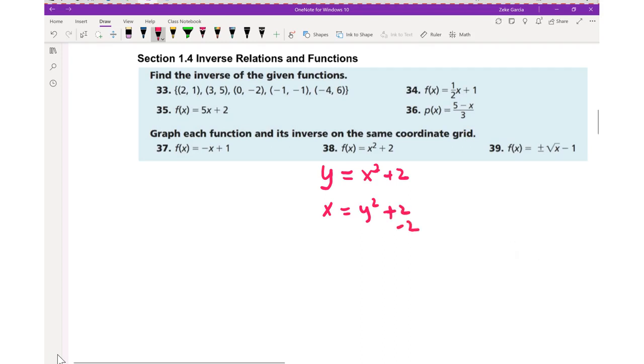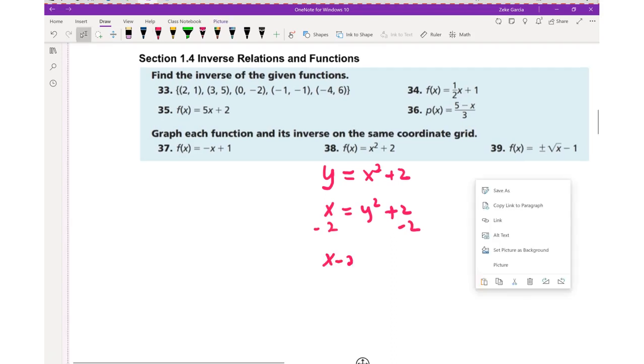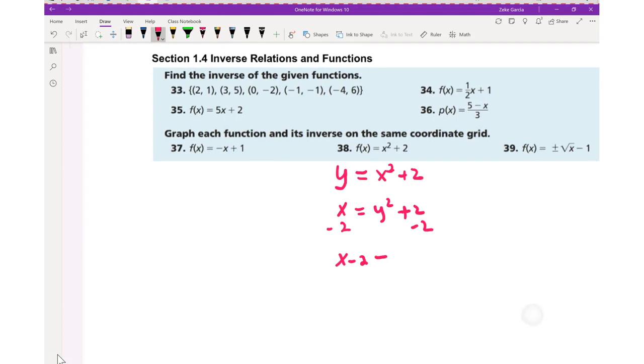We're going to go ahead and subtract 2 from both sides. So you have x minus 2 equals y squared. Get the square root of both sides. So you have y equals the square root of x minus 2.